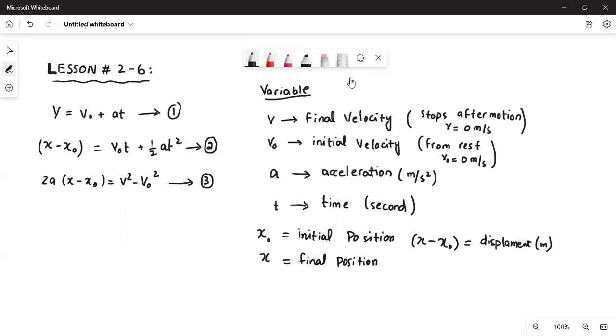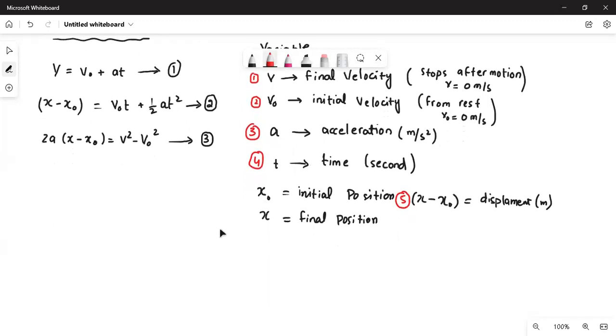Now we have these 5 variables: v is first, v naught is second, a is third, t is fourth, and x minus x naught is fifth. I will treat x minus x naught as one variable.